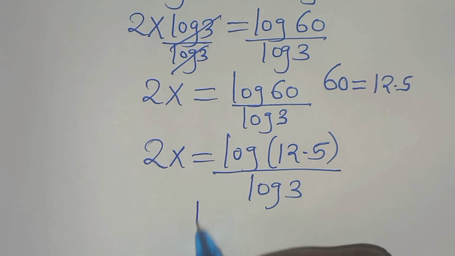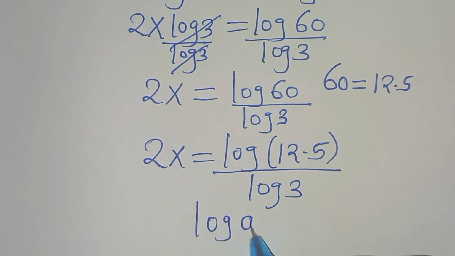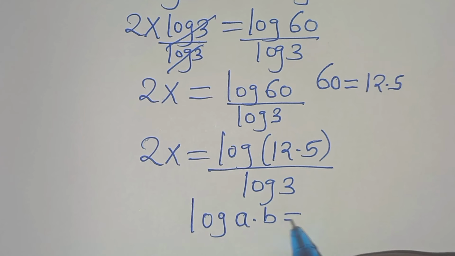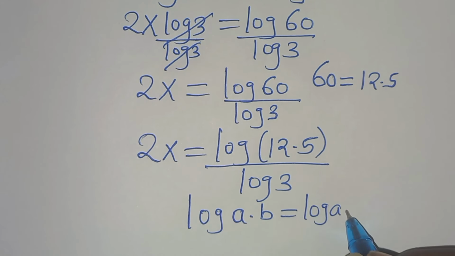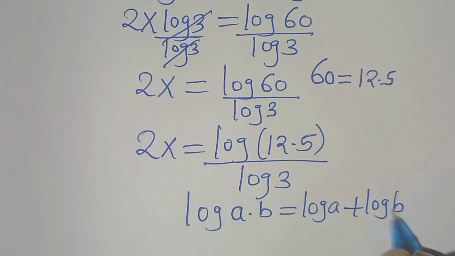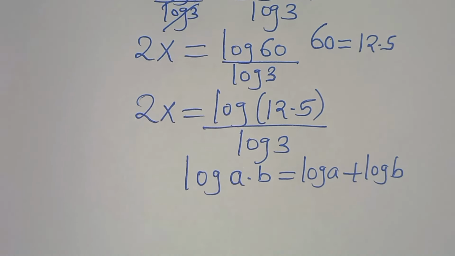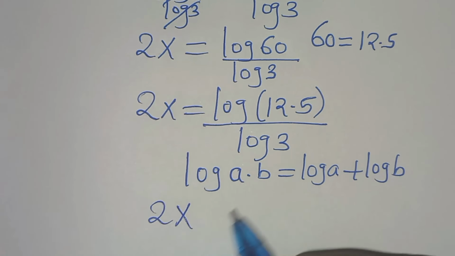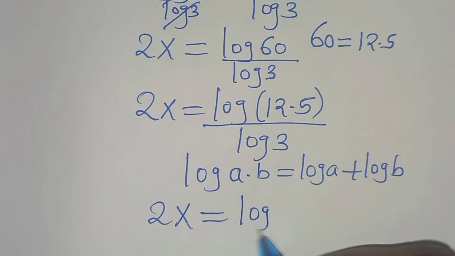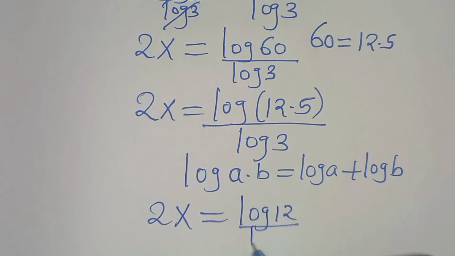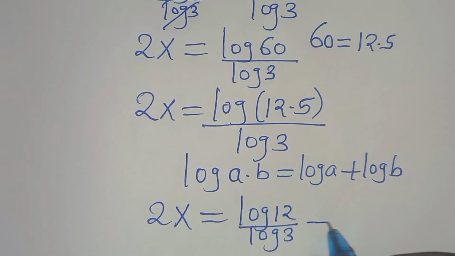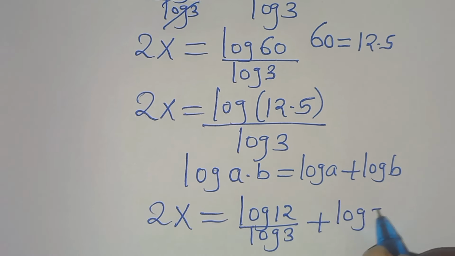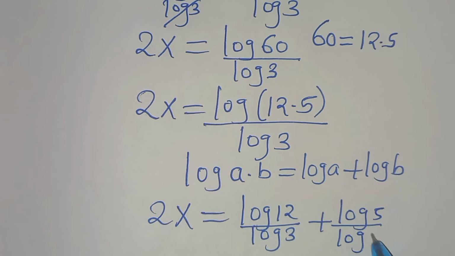This is in the form of log a multiplied by b, which we can express as log a plus log b. Now, applying this logarithm property, we have that 2x, this is equal to log 12 divided by log 3 plus log 5 divided by log 3.